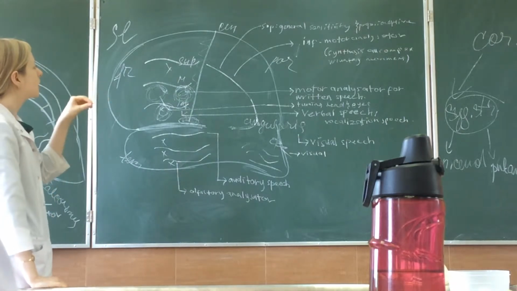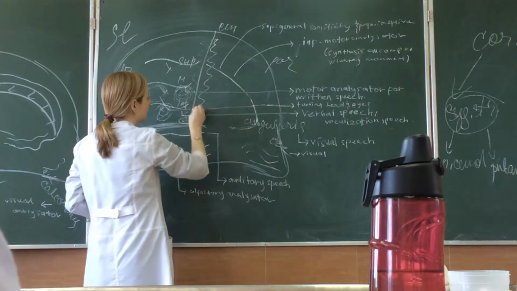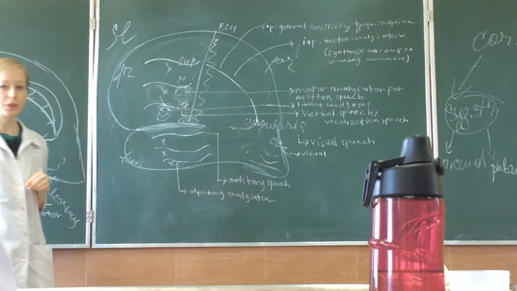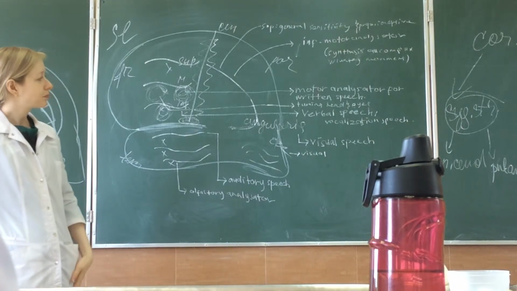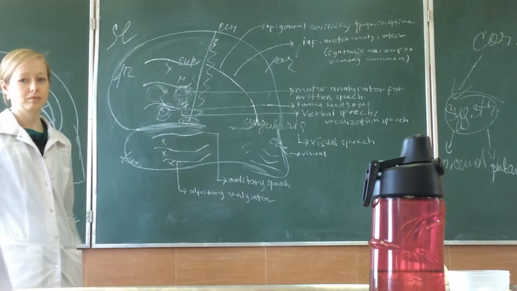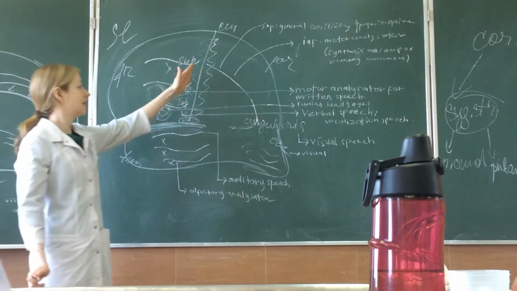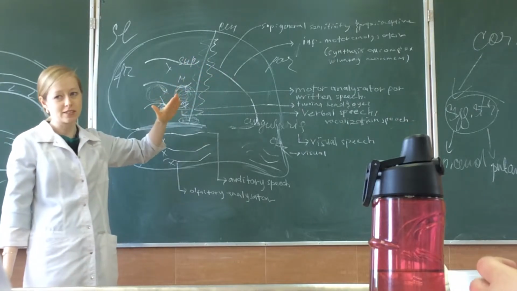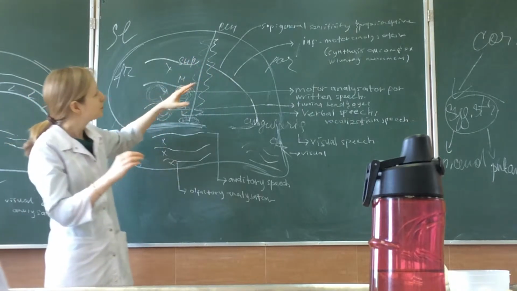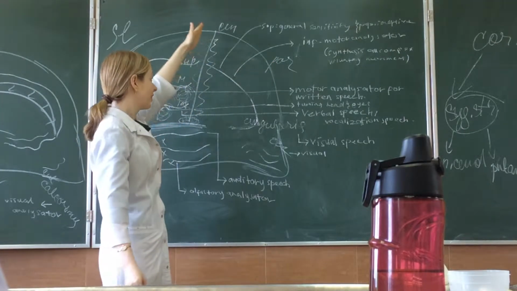Then parietal gyrus postcentralis. Here, general motor. This one is general sense. Proprioceptive superior.